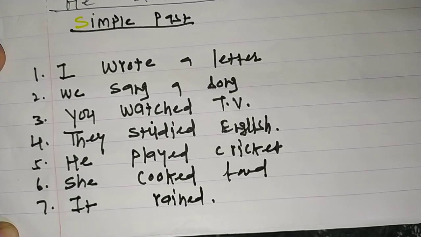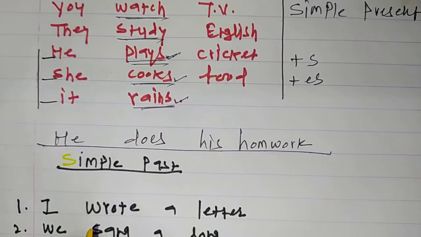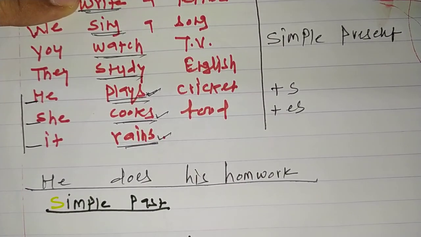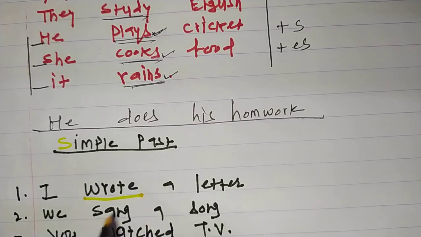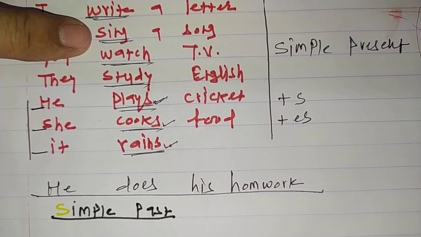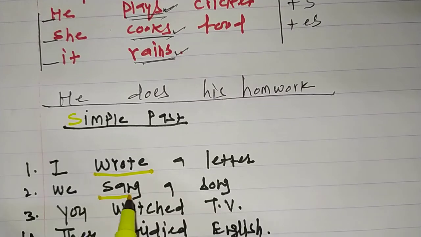Now if you observe, in simple present we use first form of the verb, and in simple past we use second form. For sing, in simple present we write first form, and in simple past we write second form, that is sang.